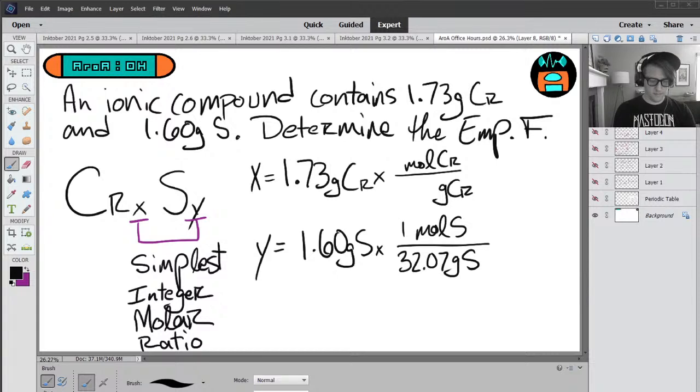Let's see. Chromium. Here we go. 51.996.